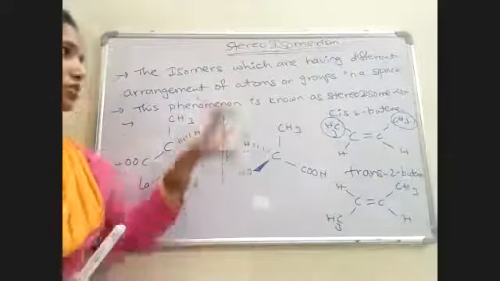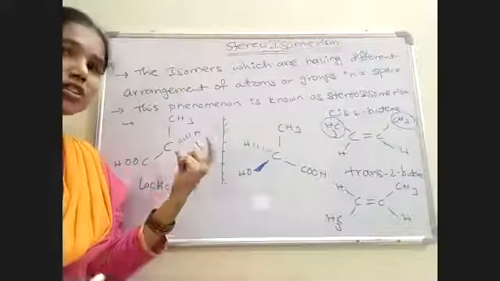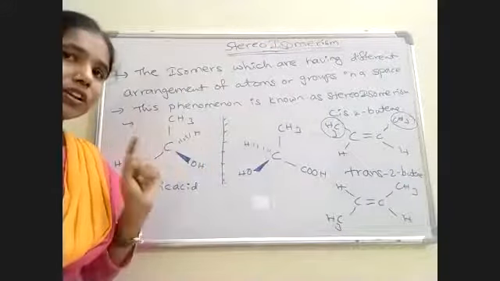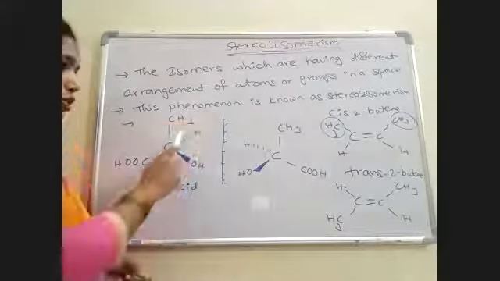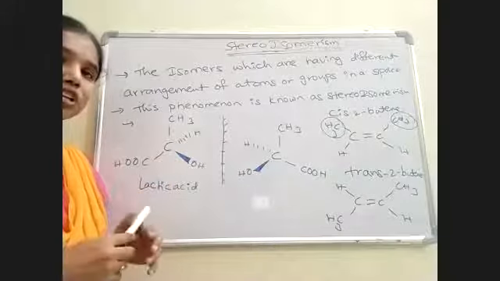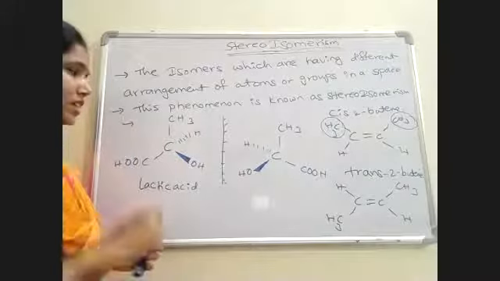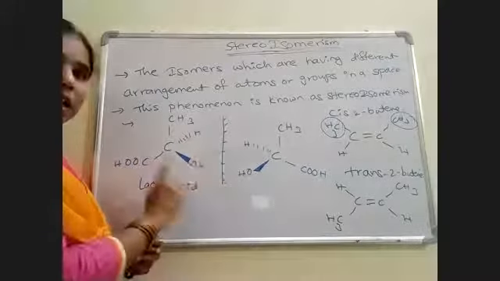Understanding, students? So first one is a stereoisomers definition. So what is stereoisomer? Same molecular formula but different in the arrangement of atoms in a space. So three-dimensional space, if you arrange the molecules, they will appear differently. And remember, the structural arrangement is same.